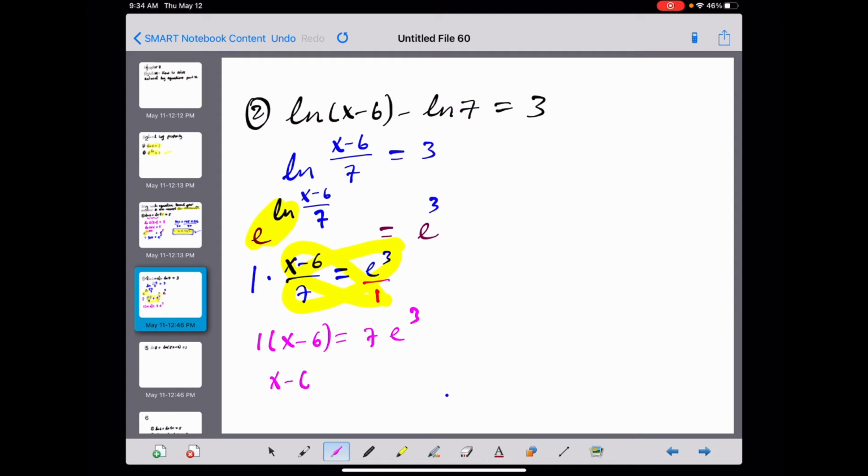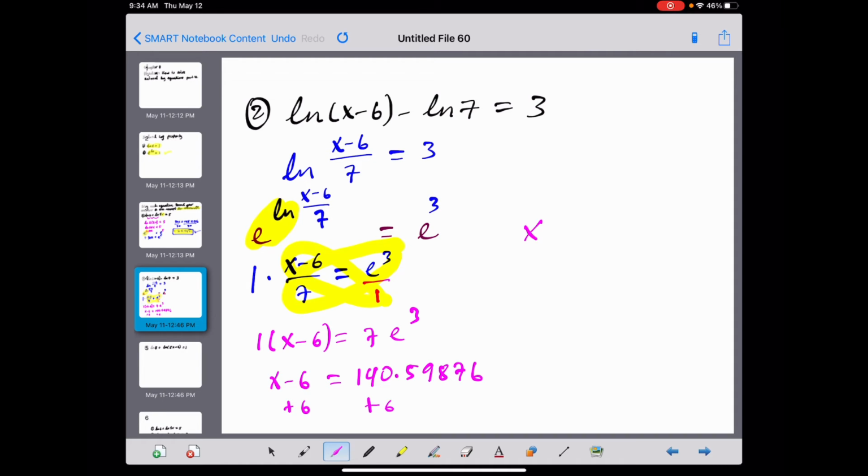So x minus 6 equals 7 times e to the 3rd. If you punch in the calculator correctly, first you press e to the 3rd power, enter, and then times 7, and you will get 140.59876. Then we're going to add 6 to both sides.